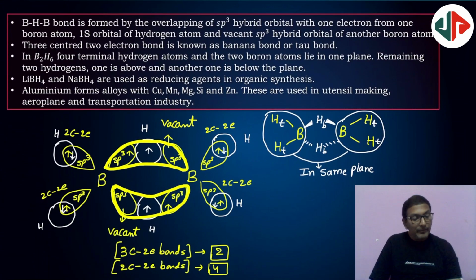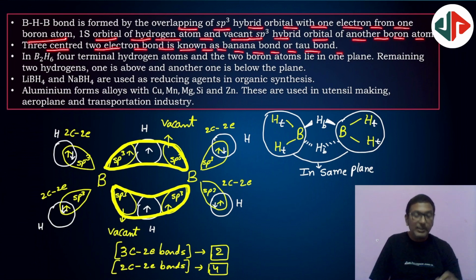Remaining points. The BHB bridging bond is formed by overlapping of an sp3 hybrid orbital with 1 electron from one boron atom, the 1s orbital of a hydrogen atom, and a vacant sp3 hybrid orbital of the other boron atom to form a 3-centered 2-electron bond, which is known as a banana bond or tau bond.